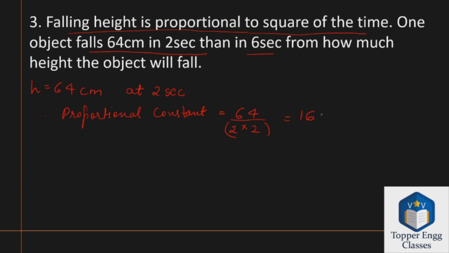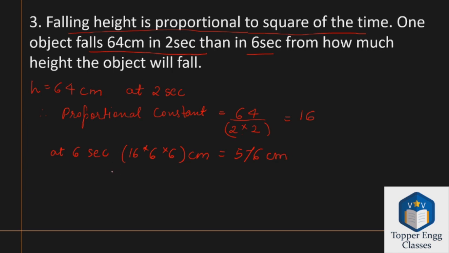So our answer will be 16, I mean the proportional constant. So at 6 seconds, the object will fall maximum 16 into 6 into 6 centimeters, that is nothing but equal to 576 centimeters.